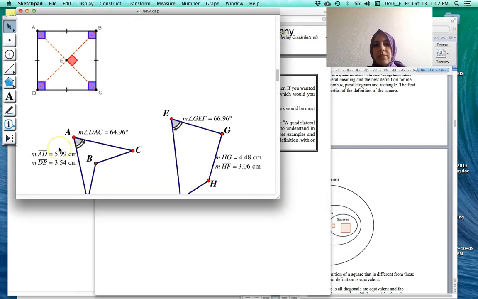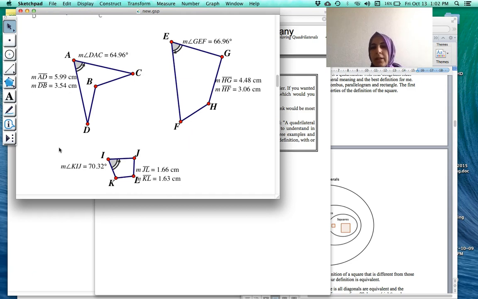Okay, go to the sketch again. The polygon ACBD has four sides, but the angles of this polygon do not include a right angle. That's why it's not a square. The other one, polygon AEGHF, has four sides. However, these polygon sides are not equal. That's why it's not a square.